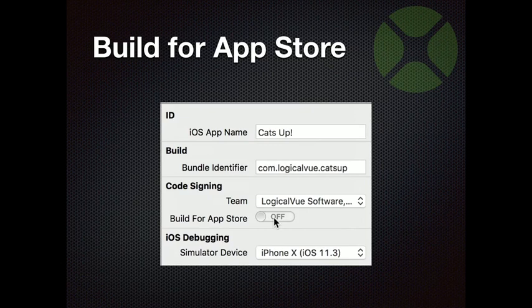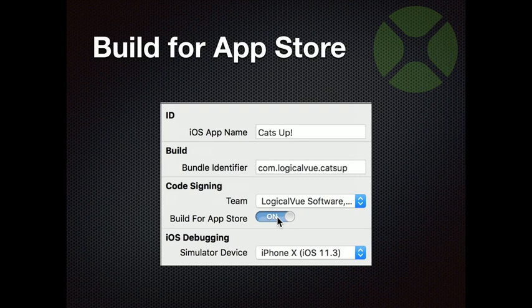When you build for the App Store, you can see this switch right here. You just click that, and that flips on the switch. You'll need to have your team selected here. I'm not going through the process of generating all your certificates and everything on here, because that shows all kinds of private information, so the screen would be half blacked out.